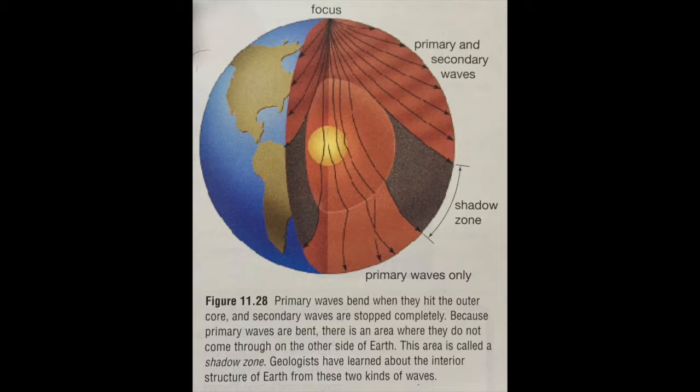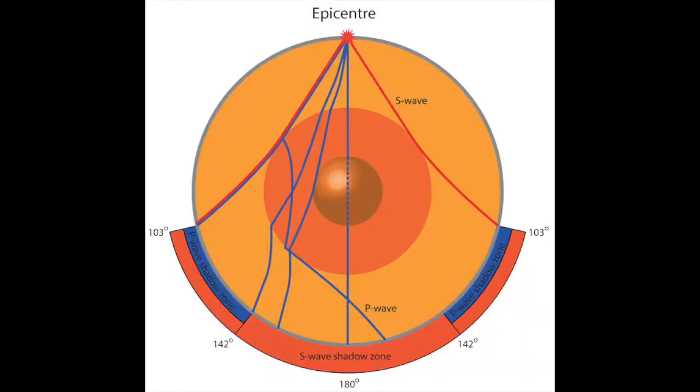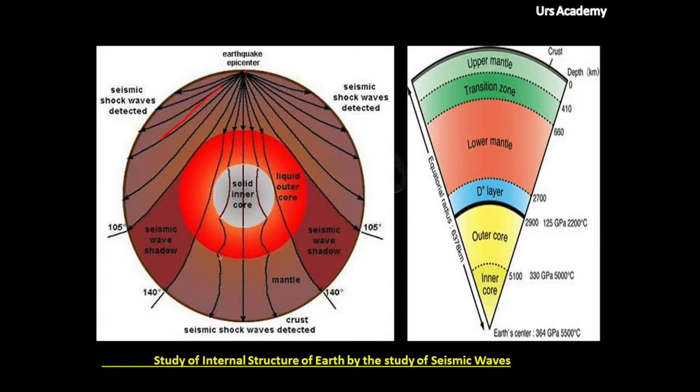Primary waves bend when they hit the outer core, and secondary waves are stopped completely. Because primary waves are bent, there is an area where they do not come through on the other side of Earth. This area is called the shadow zone.